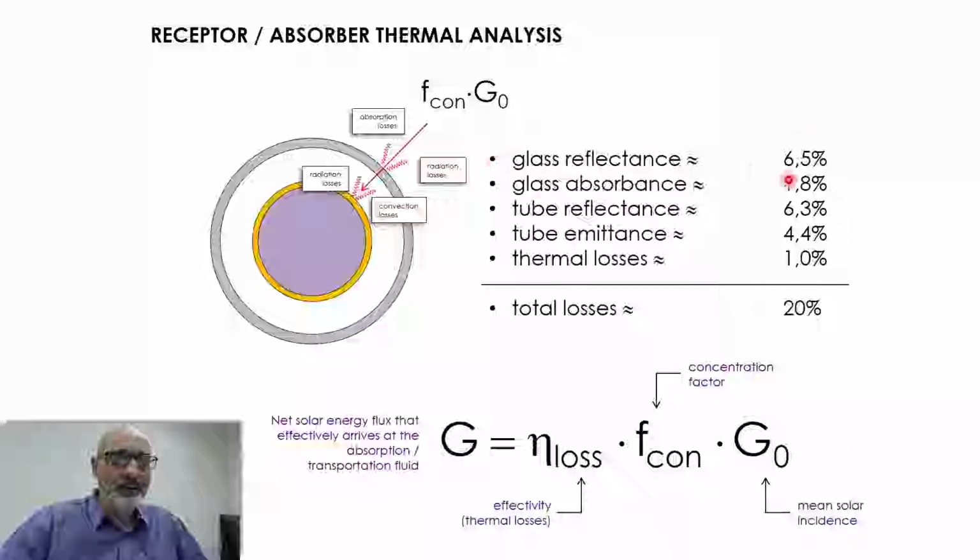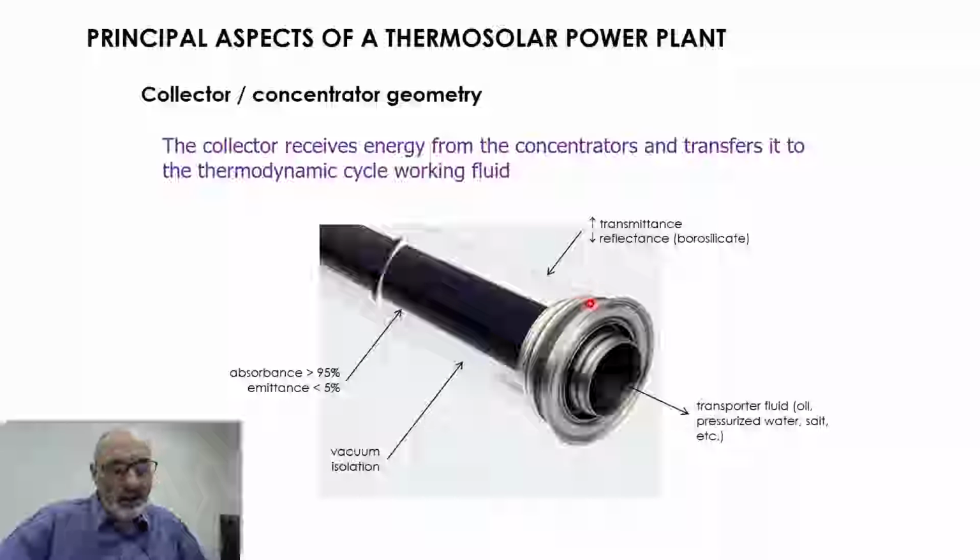In terms of the balance of the losses, 6.5% is due to reflection, 1.8% is due to absorbance, reflectance, emittance, and thermal losses. By thermal losses, I mean losses through the connection parts between several tubes.